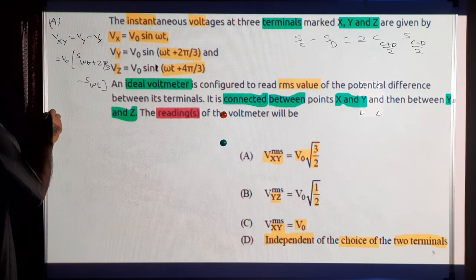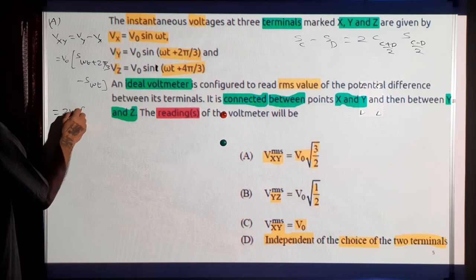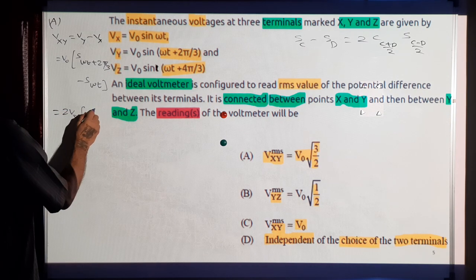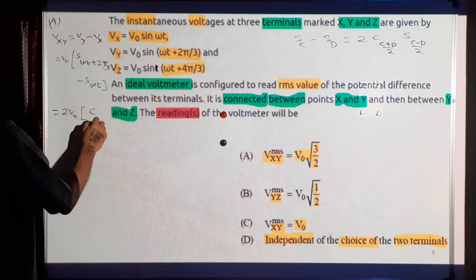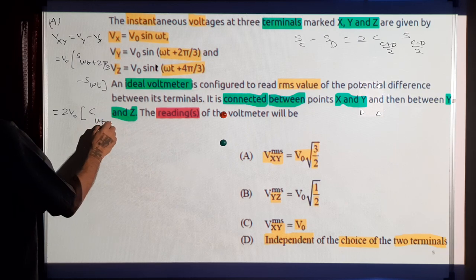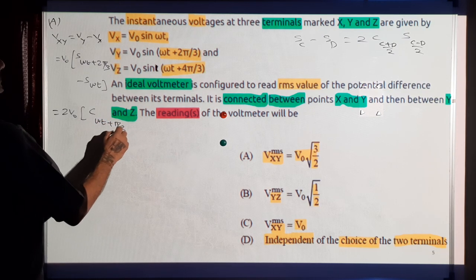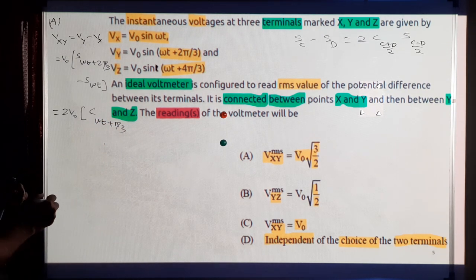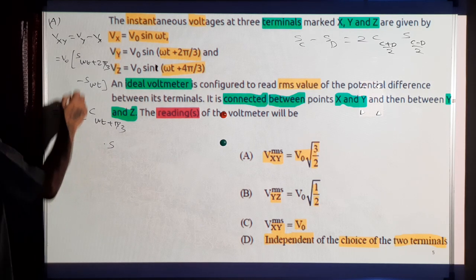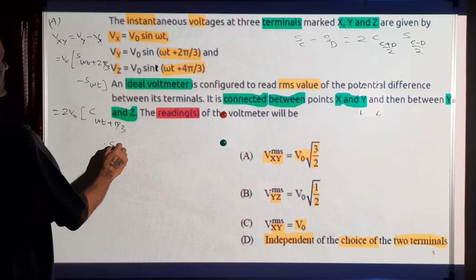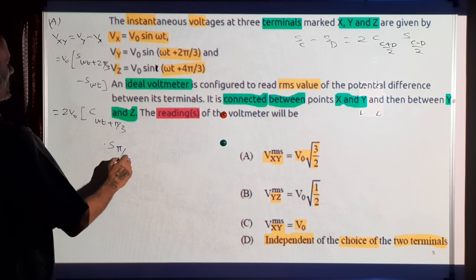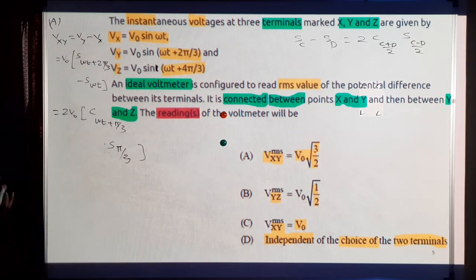So if you use that here, I'll get 2 v naught cos this plus this by 2, which is omega t plus pi by 3, into sine of the difference; omega t will go, just pi by 3 will remain.